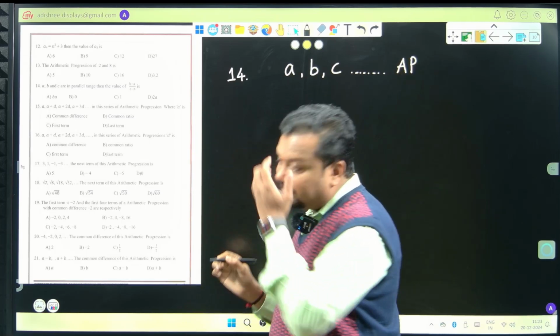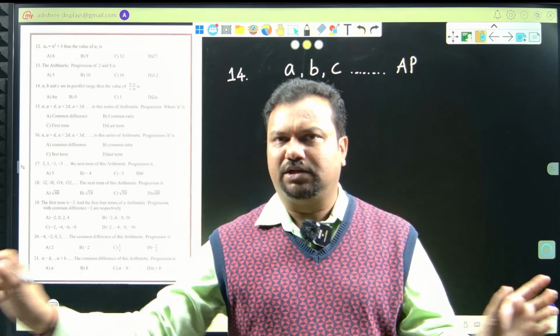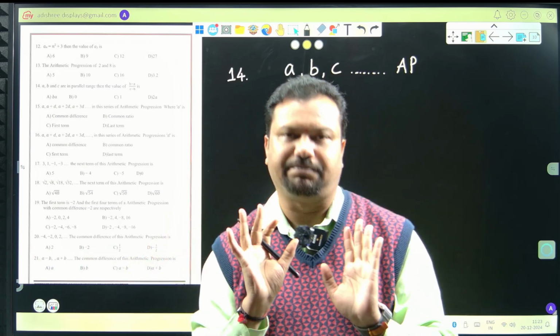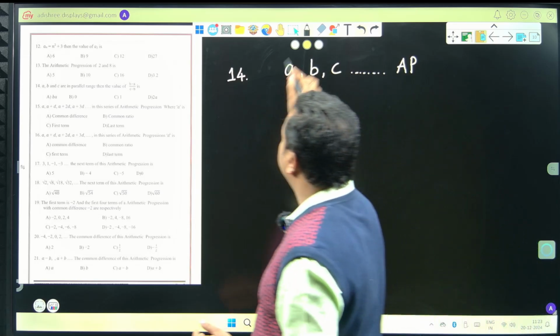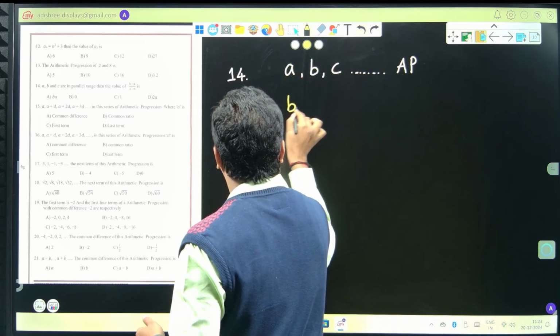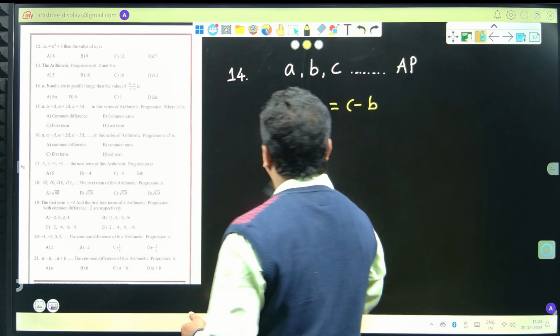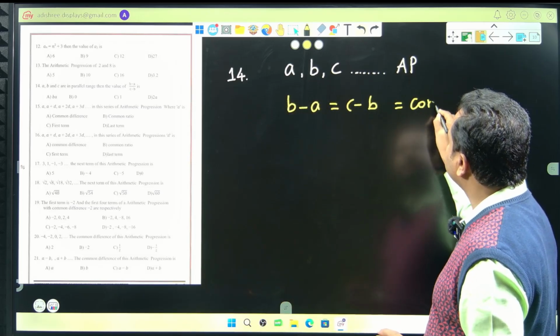The distance from A to B and B to C is the same. In other words, it defines AP. So B minus A must be equal to C minus B, which we consider as common difference.